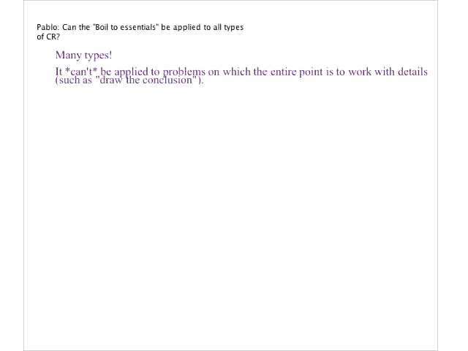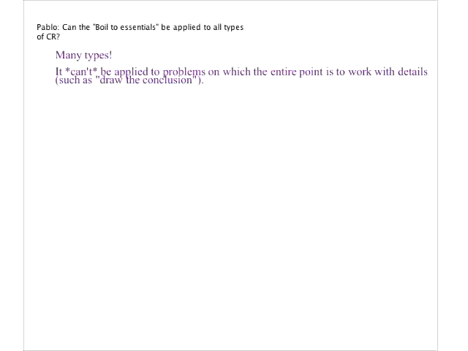One thing to note is that it can't be applied to problems on which the entire point is to work with details, such as draw the conclusion. The point of draw the conclusion is that you're not looking at essentials. And so in draw the conclusion, you actually have to work with details. You have to shape the details almost like you're a smith shaping jewelry or something.